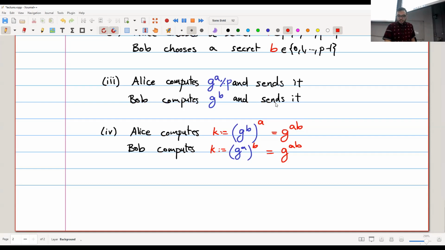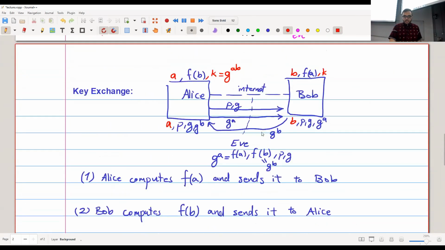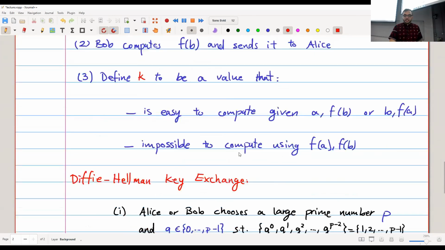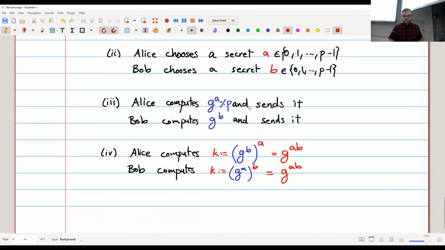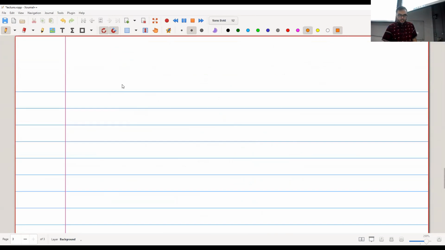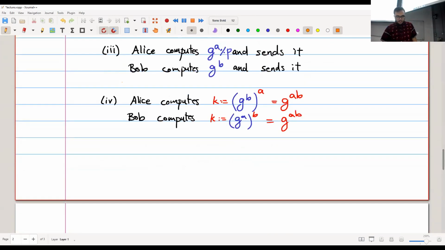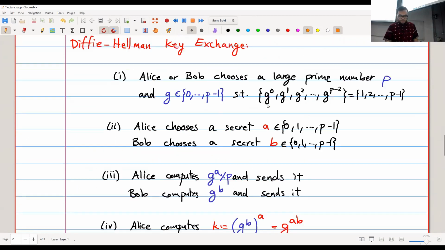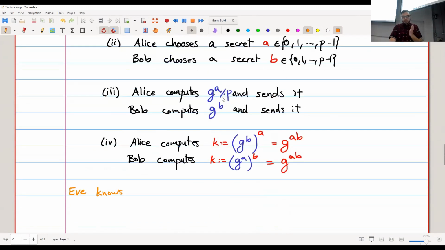Now, of course, the question here is whether Eve can compute it. So let's see what Eve knows. Eve knows what information? So again, I always assume that everyone knows about the algorithms.